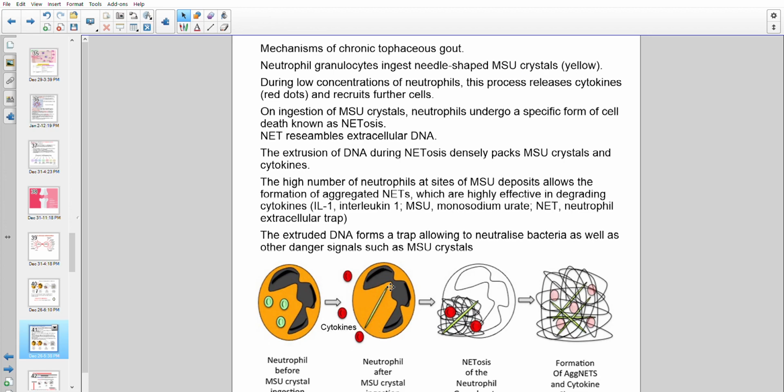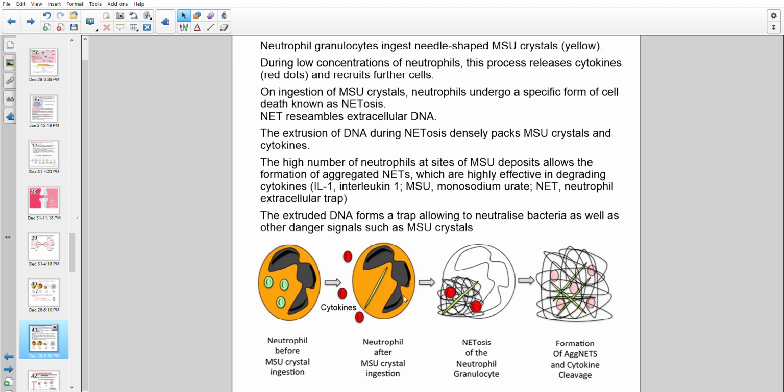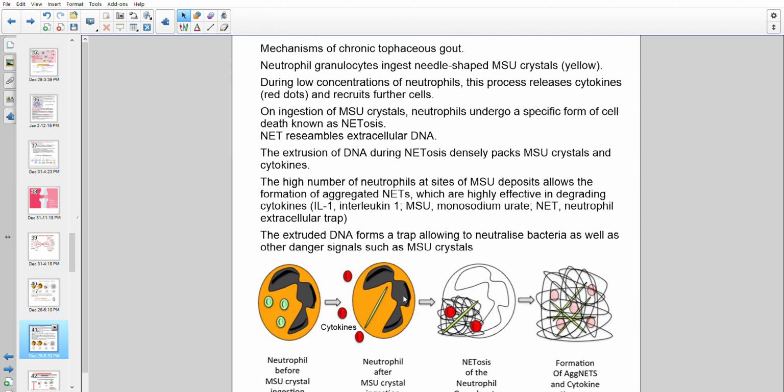During low concentrations of neutrophils, the process releases cytokines, the red dots, and recruits further cells: more neutrophils, other kinds of phagocytes and other cells, like the mast cells I talked about before.